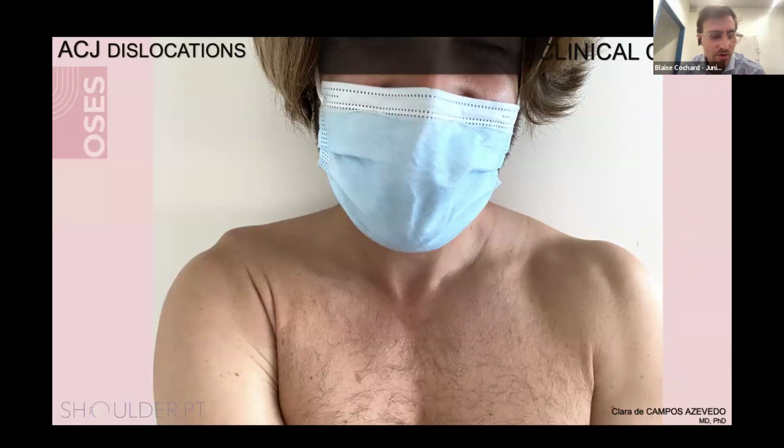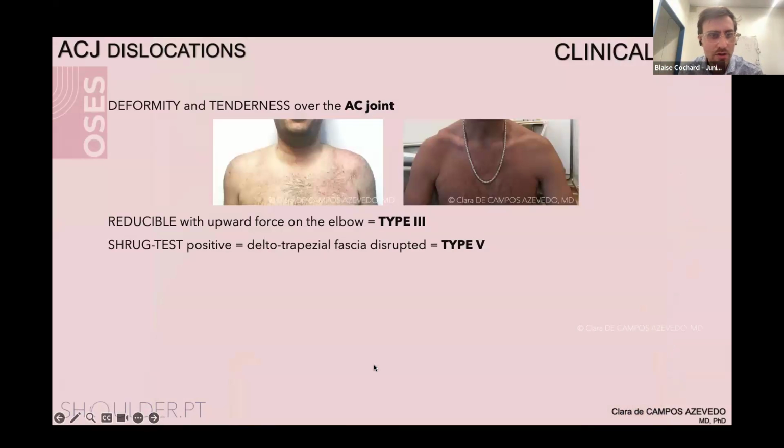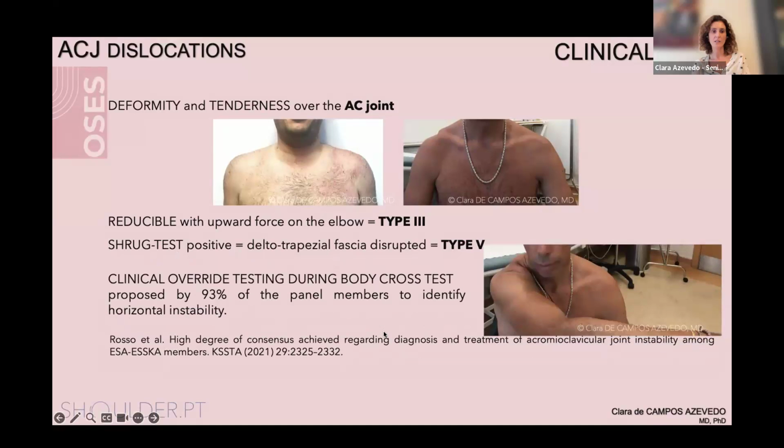So in this case as well, I will perform an X-ray, a bilateral X-ray of the clavicles with AP view and Zanca view. Okay, I had these slides here just to say that if the stroke test is positive, usually the deltoid trapezial fascia is disrupted.